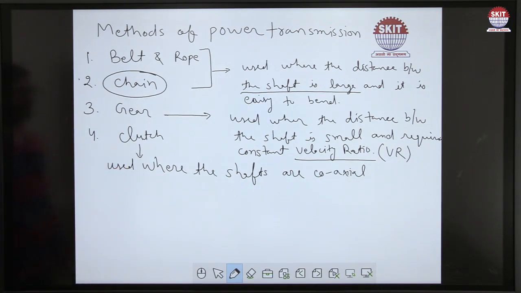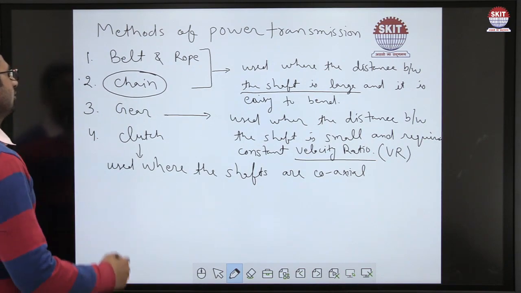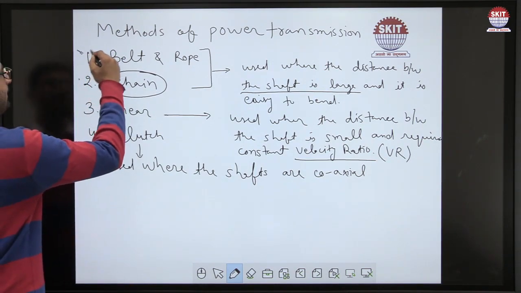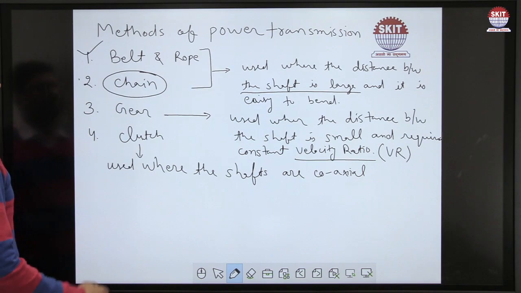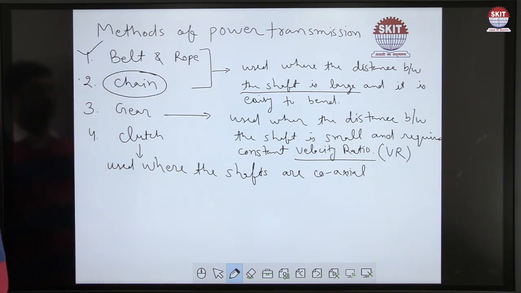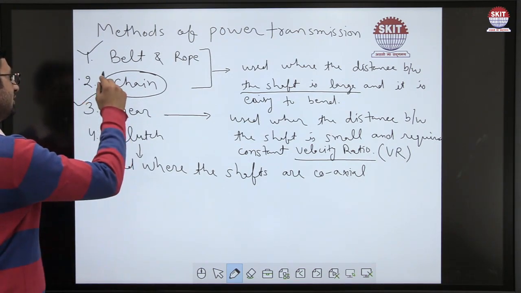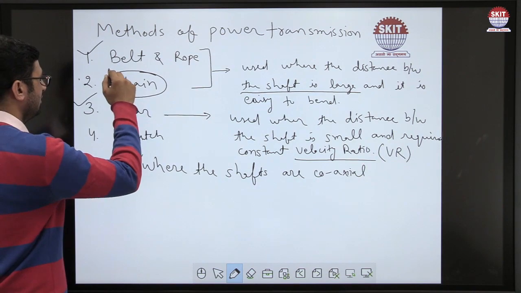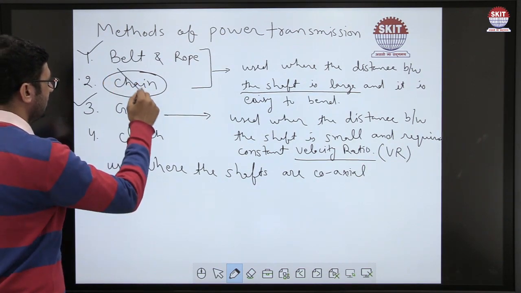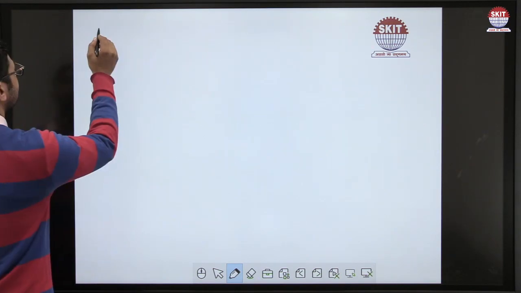But in power transmission in this subject, we only read power transmission by belt and power transmission by gears. We do not study in this subject, Basic Mechanical Engineering, power transmission with the help of chain or clutch.